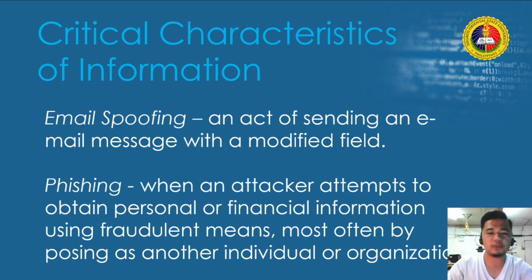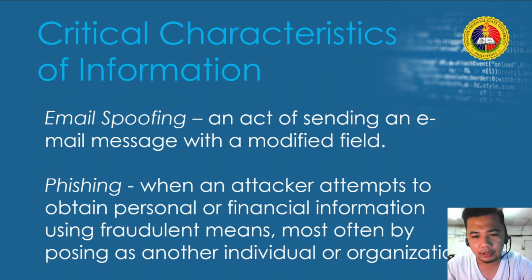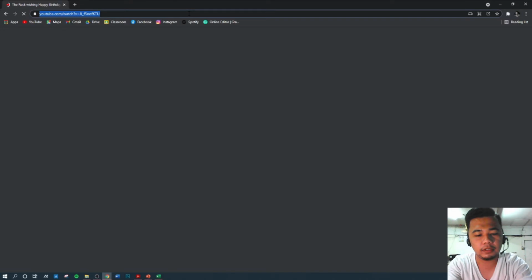So how do we make sure that it will not happen to all of us? Whenever you're trying to log into Facebook or any social networking site for that matter, for example, if we go to Facebook, facebook.com.